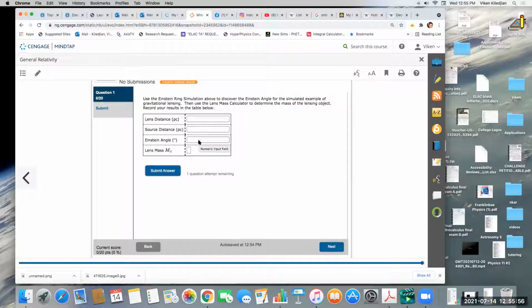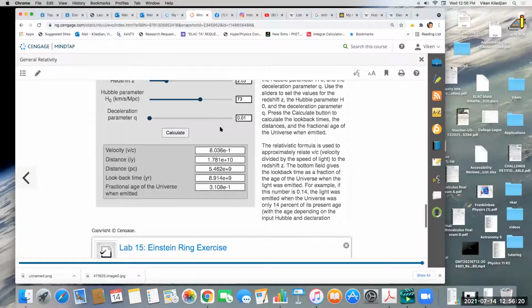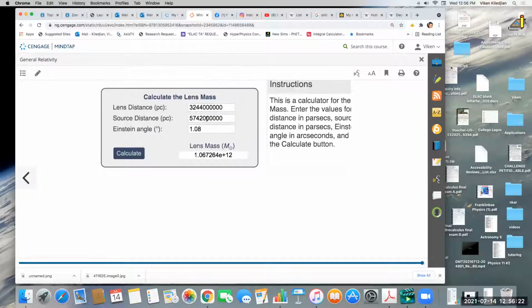So 1.08. Oh, so hold on. What did it say? 5.462. And then we have to put that back into the lens calculator. 5.462.